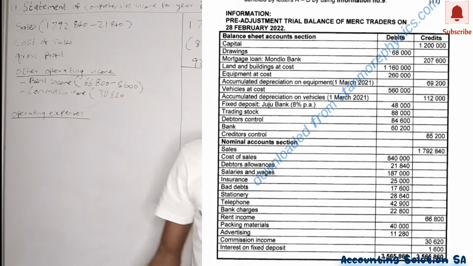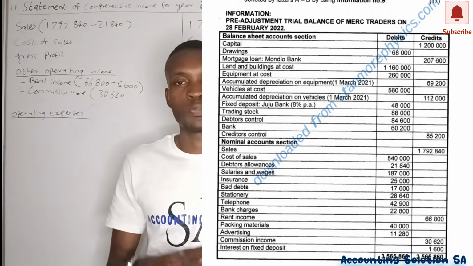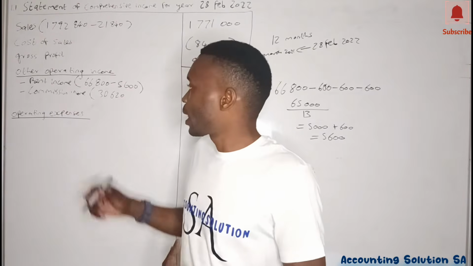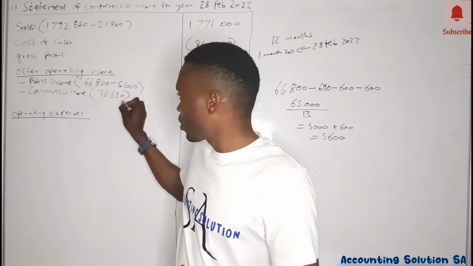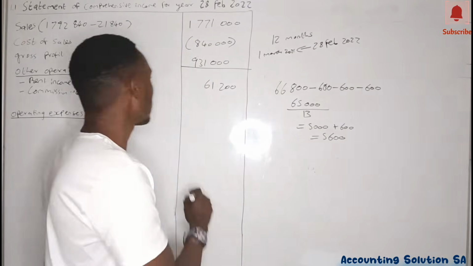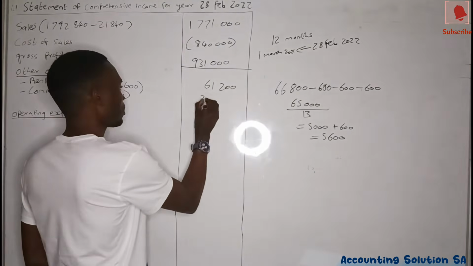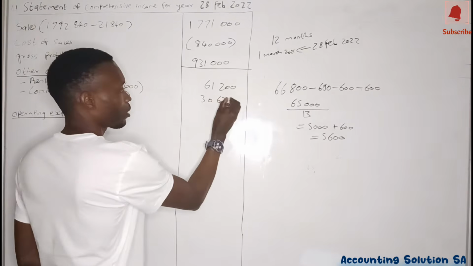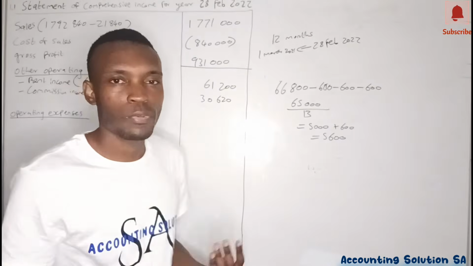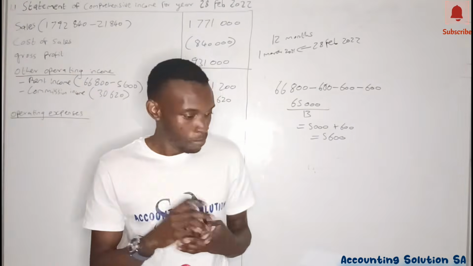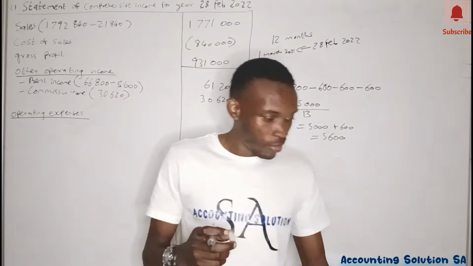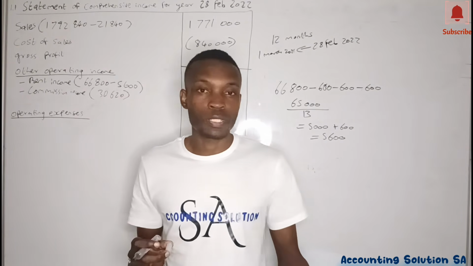But from the transactions that we read, guys, we found that we don't have any effect related to commission income, which means we're just going to write it as it is, 30,620. Simple as that.